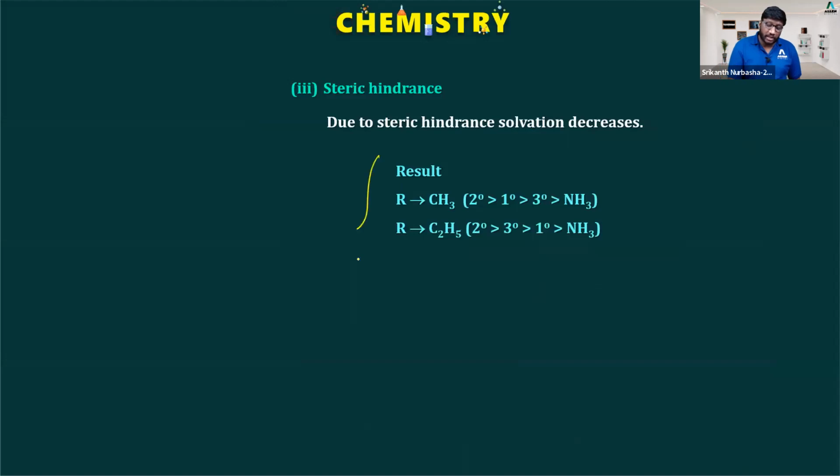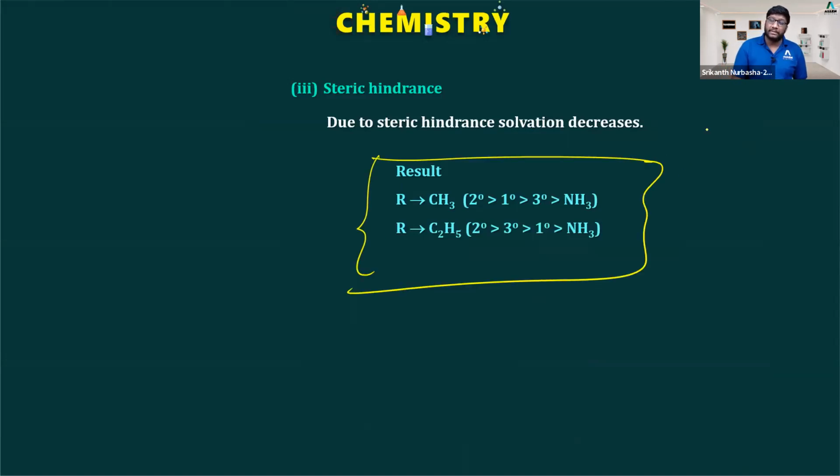So the ultimate order combines the three effects: steric hindrance, solvation, and electron donation tendency. If the alkyl group is a methyl group, then secondary amines are more basic, then primary, then tertiary, then ammonia. If the alkyl groups are ethyl groups, then secondary is greater, then tertiary, then primary, then ammonia.